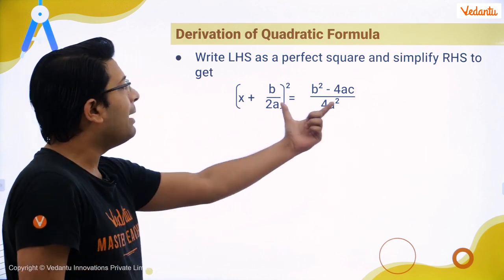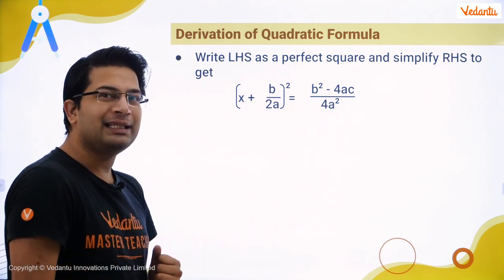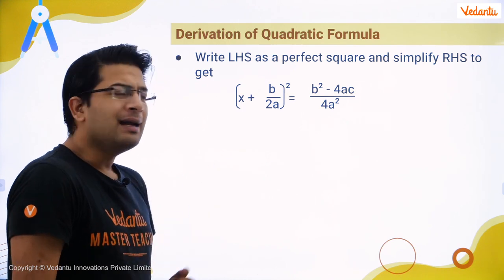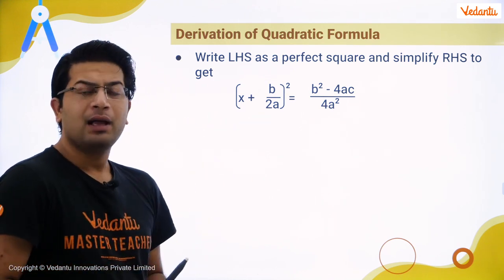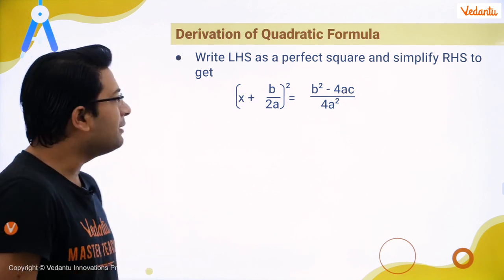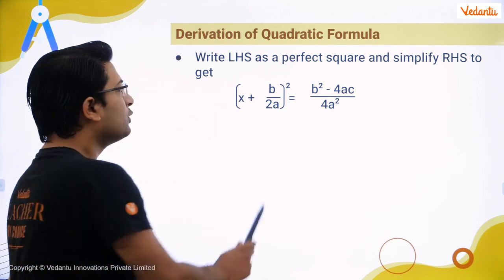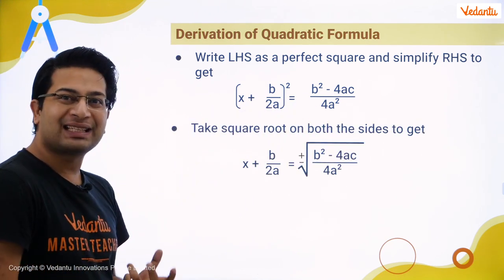So champ, my right hand side will become b square minus 4ac upon 4a square, and my left hand side has become a perfect square. But I have to find a solution, and the solution is nothing but the value of x. So I will take the square root on both sides.